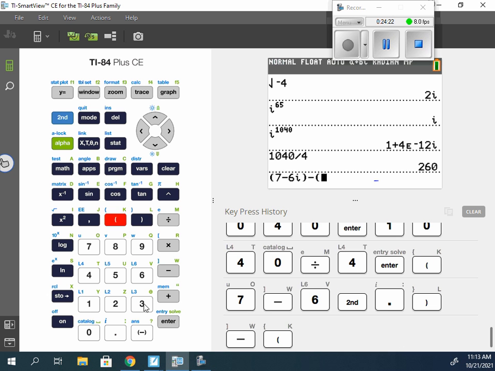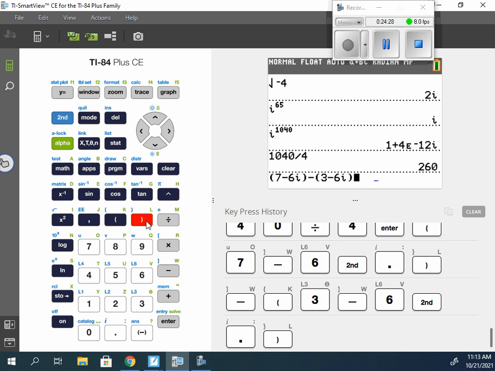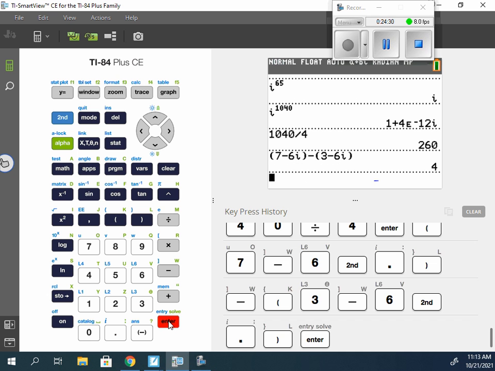Minus, open, 3, minus 6, second, i. Did it do it for us? I mean, for some reason, it just took away all the i's, but looks like it gave us the right answer, yes?